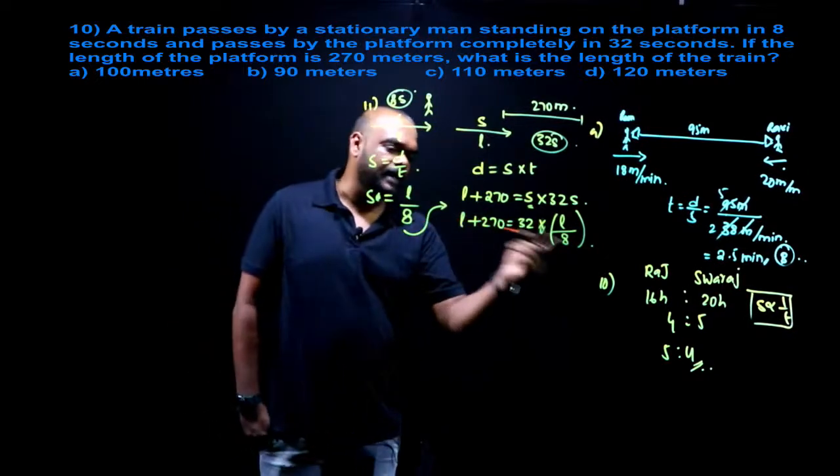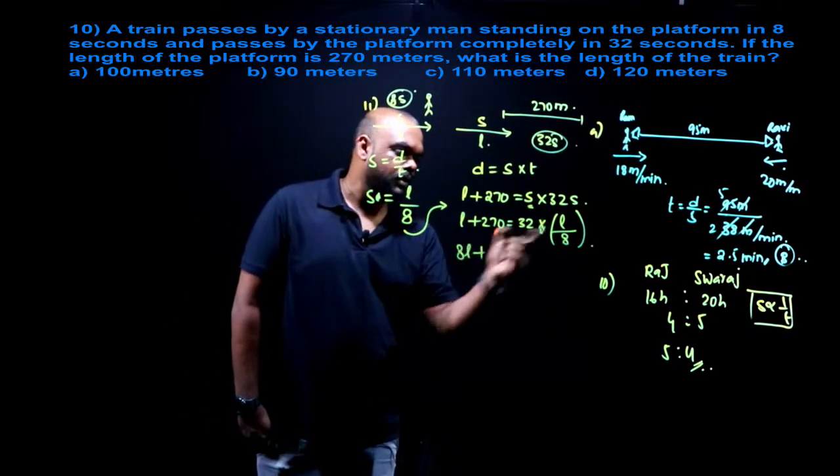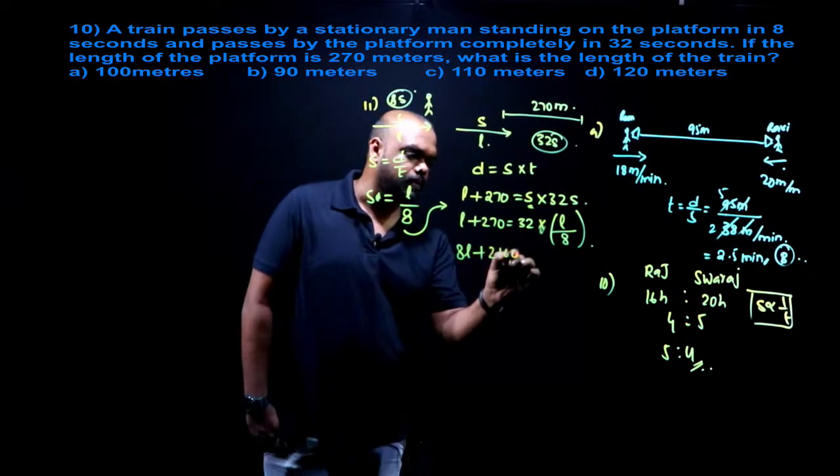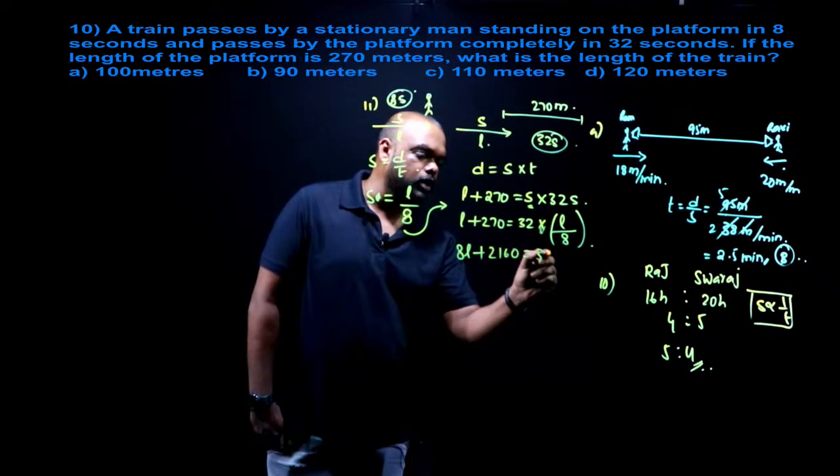So just cross multiplication: 8 into L is 8L, plus 1600 plus 560, that will be 2160, equal to 32 into L, that is 32L. Am I right? Yeah.